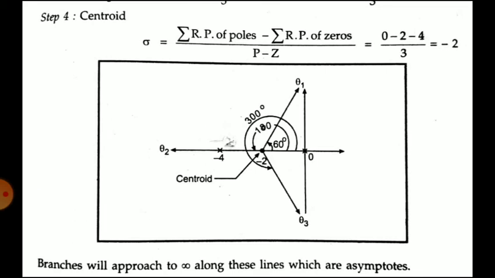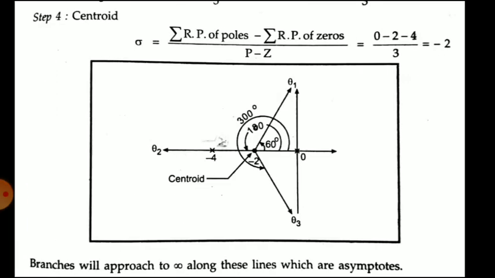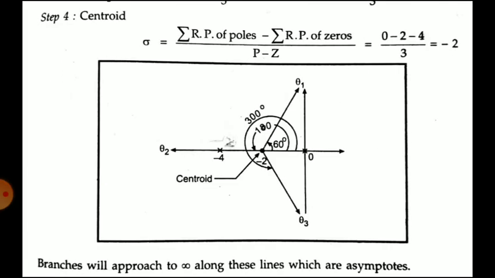So the centroid will be the summation of real parts of poles minus the summation of real parts of zeros upon p minus z.